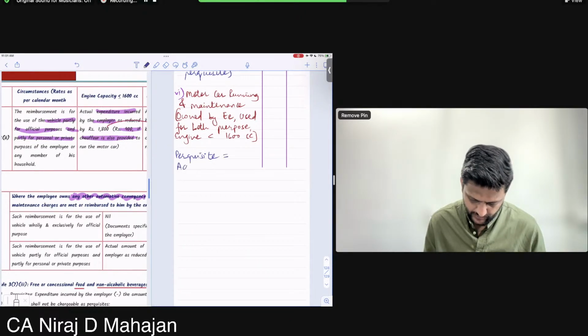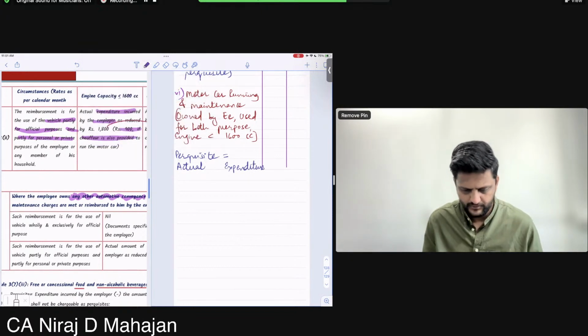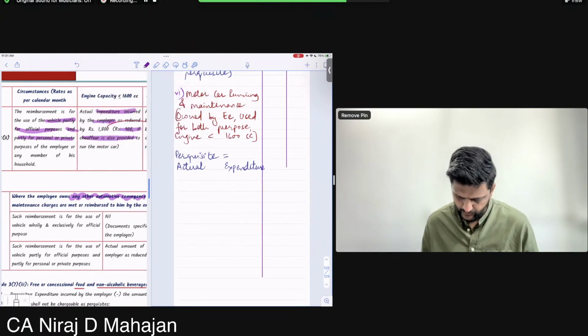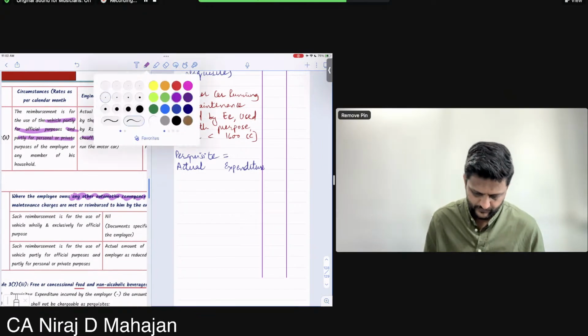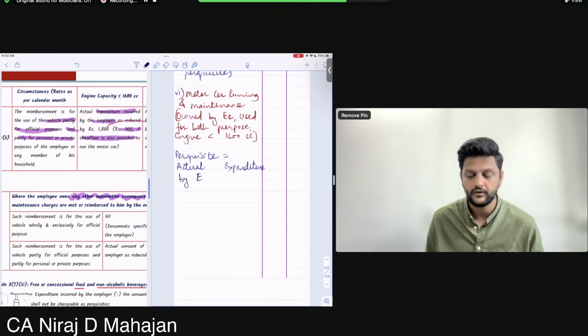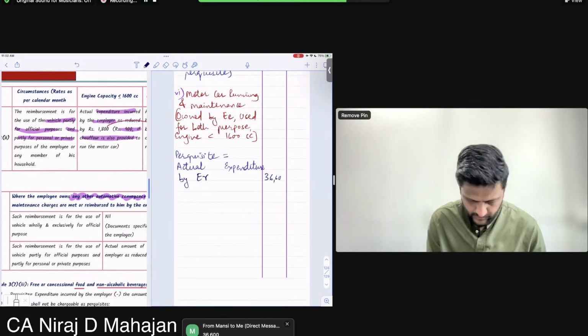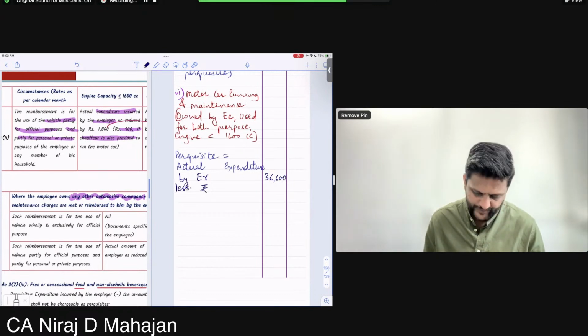It is the actual expenditure. How much did the employer spend, children? Tell me the figure in the question. 36,600. Okay. Less: how much now per month? Rupees 1800 per month. Okay. Is it okay, everybody?